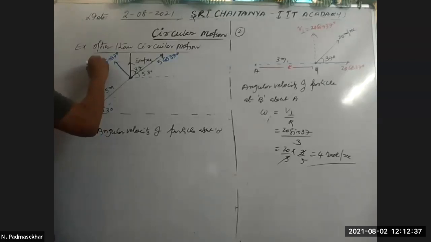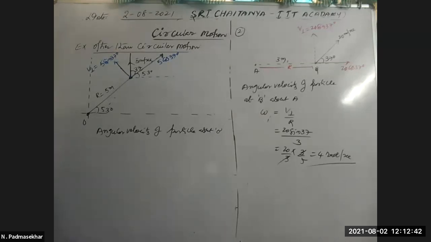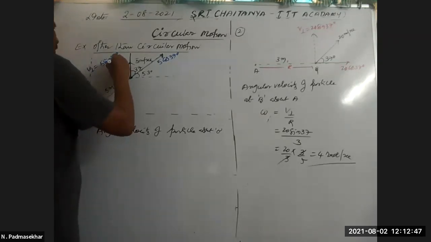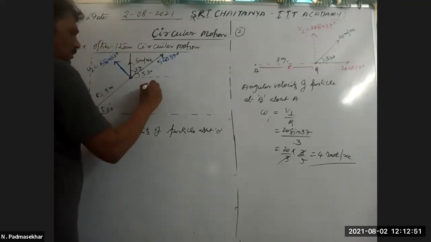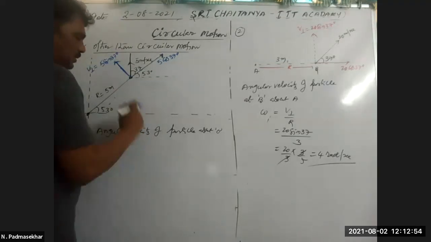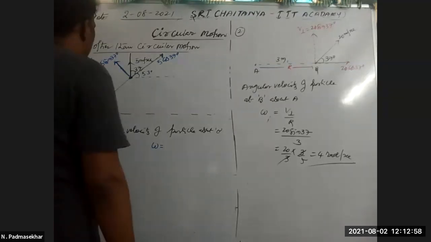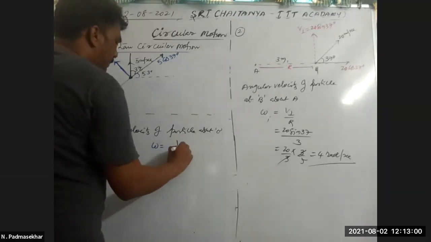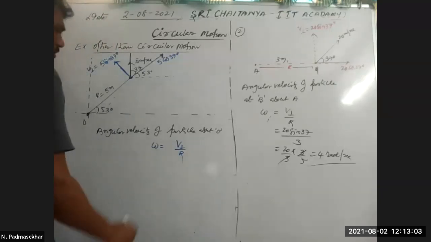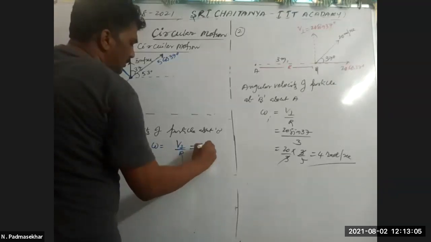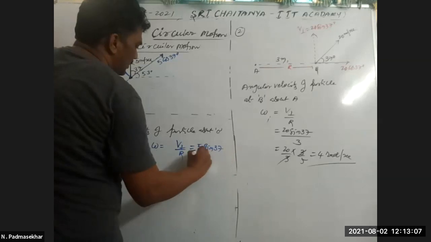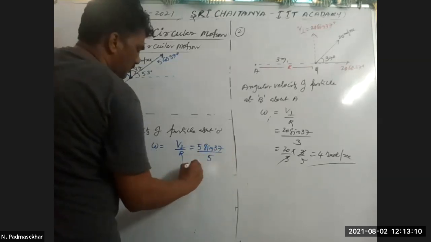So 5 sin 37 is perpendicular to this R. The angular velocity is equal to V perpendicular by R. So V perpendicular means 5 sin 37 by R, which is 5.